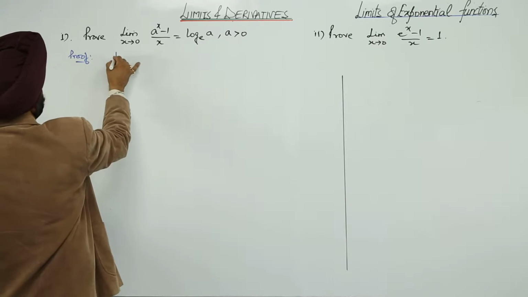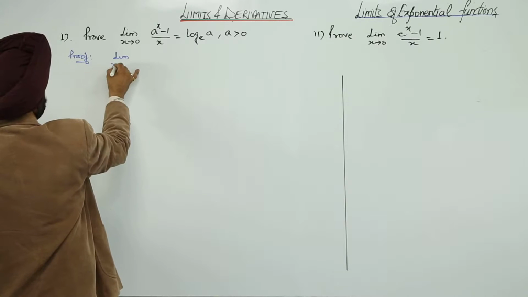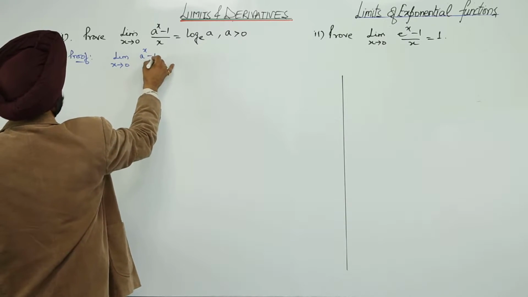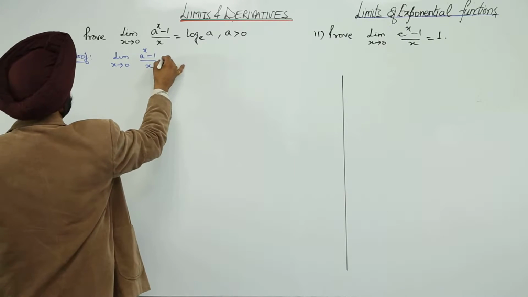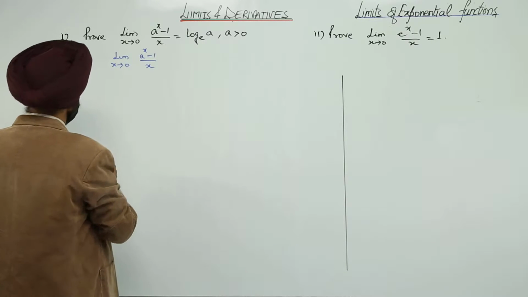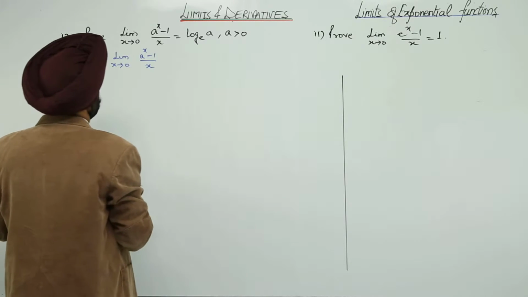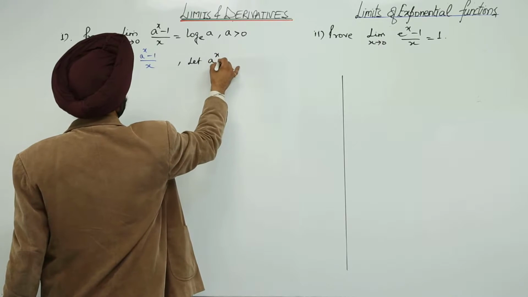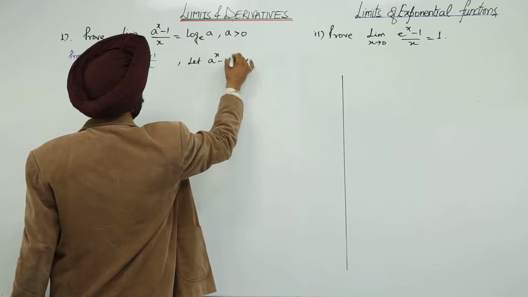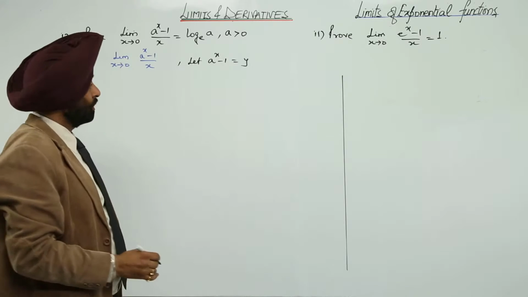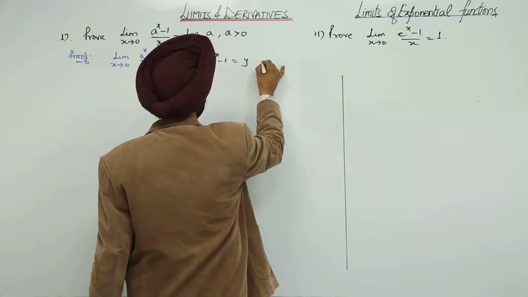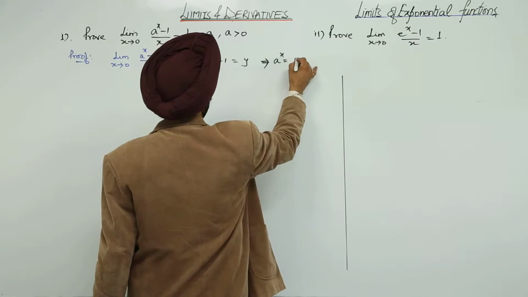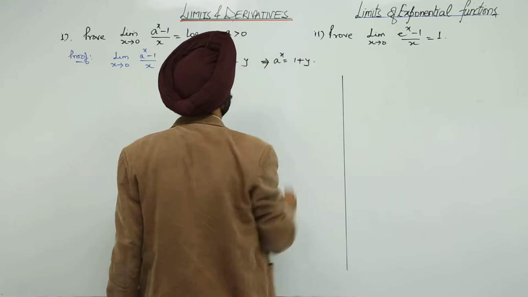Now prove limit x approaches 0, (a raised to power x minus 1) upon x. Now let a raised to power x minus 1 be equal to y, or we can write it as a raised to power x is equal to 1 plus y.